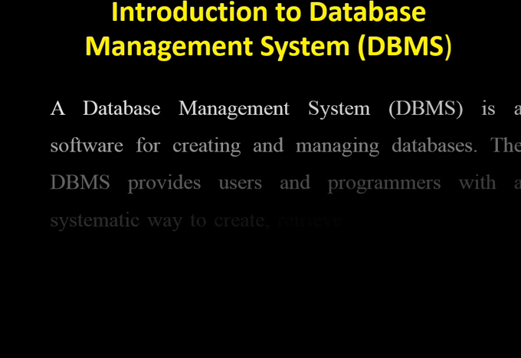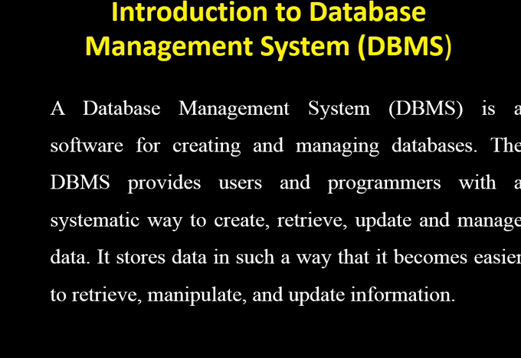Now let's see, the database management system is software for creating and managing databases. The DBMS provides users and programmers with a systematic way to create, retrieve, update and manage data. It stores data in such a way that it becomes easier to retrieve, manipulate and update information.